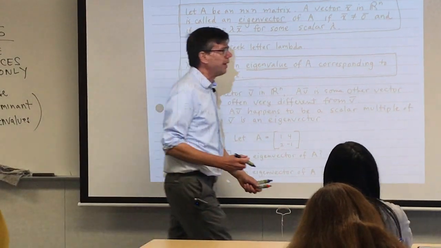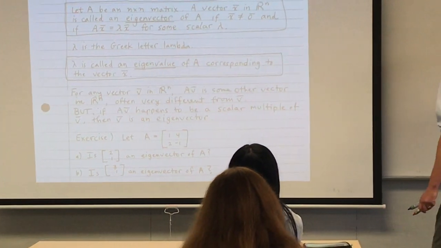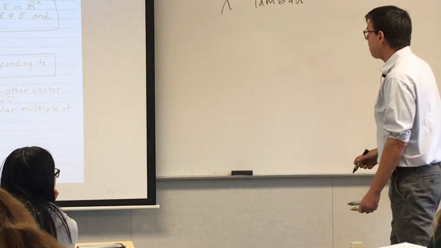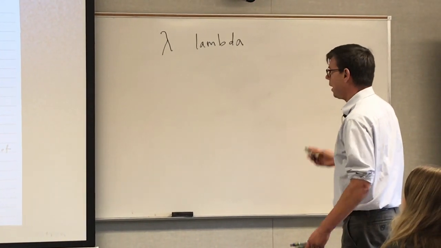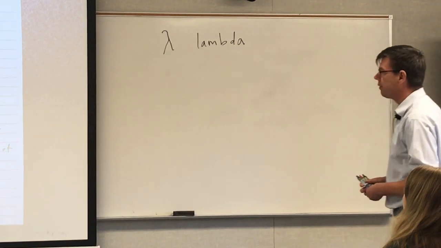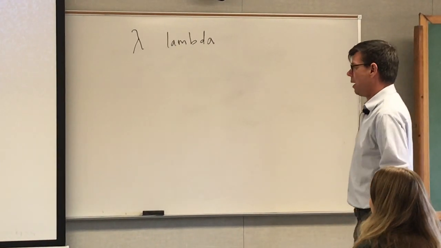That's a Greek letter, lambda. It looks like this, and it's spelled that way. I don't know why we use that letter for eigenvalues, but we do. I also have it on the handout.